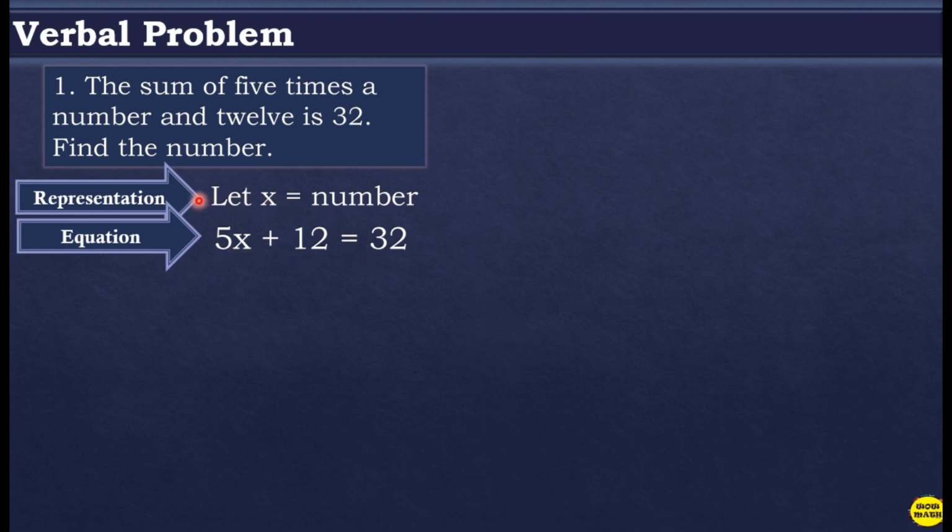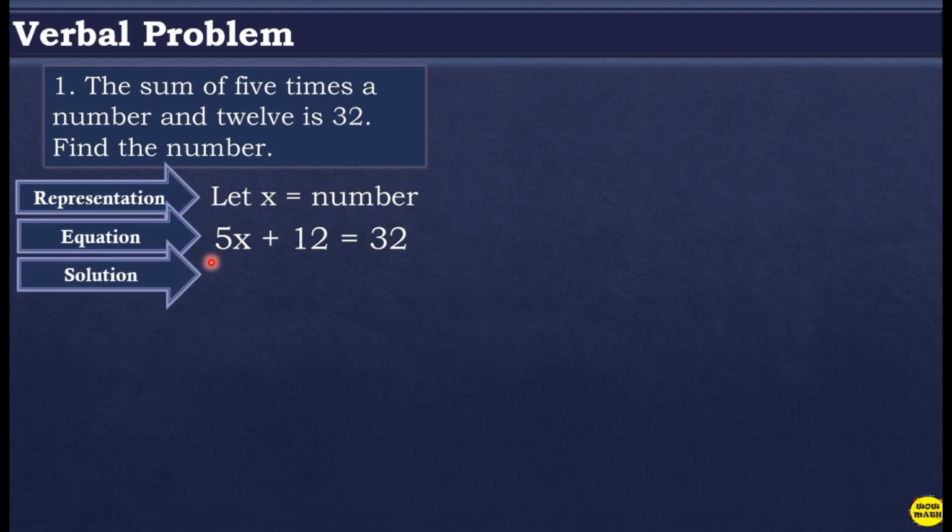The sum of 5 times a number, and we are going to represent 5 times a number as 5x, and the number 12. So again, the sum means plus. So we have the sum of 5 times a number and 12, and that is equal to 32. We have already the equation.